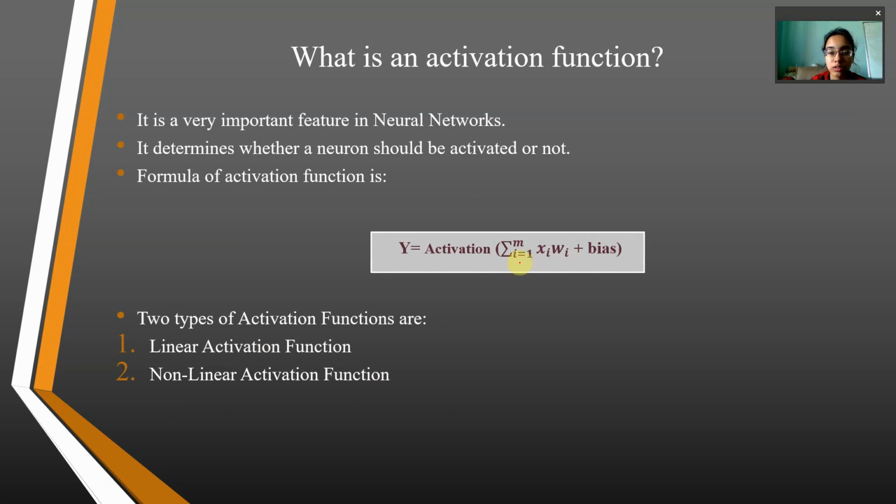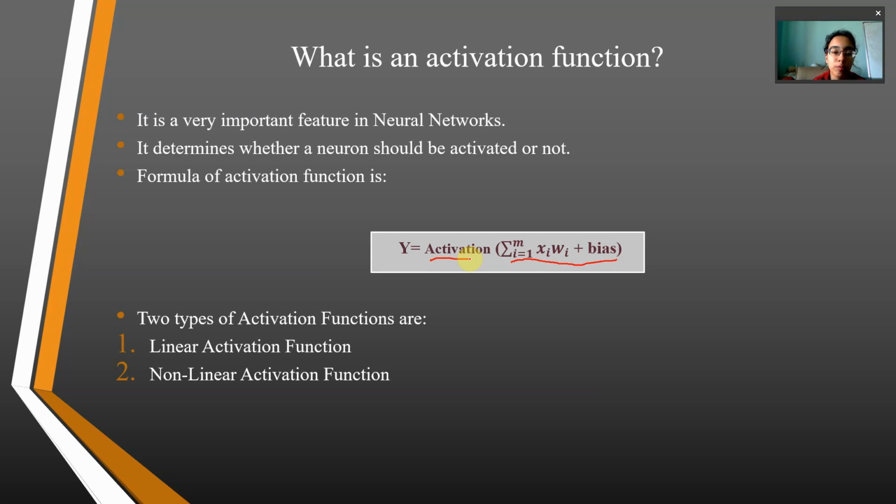So this is actually the weighted sum, right? The product of the weights with the corresponding inputs plus a constant or a bias is added to the weighted sum, and on this term the activation function is applied. After this activation function is applied, the neural network can predict the output, that is whether it will be 0 or 1. So it just activates the neuron in order to predict the output.